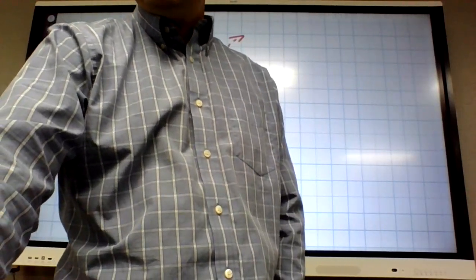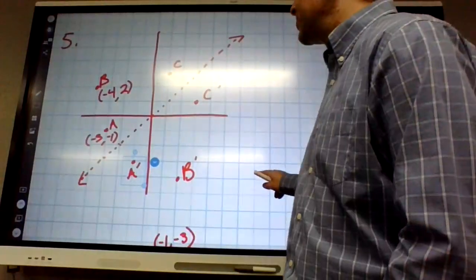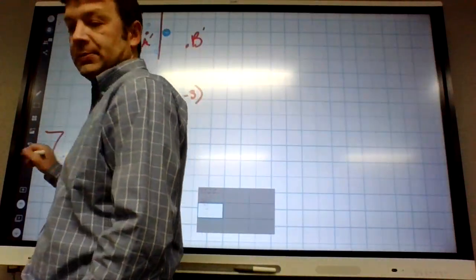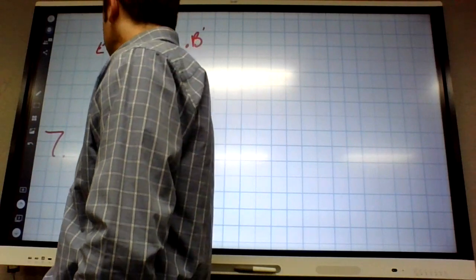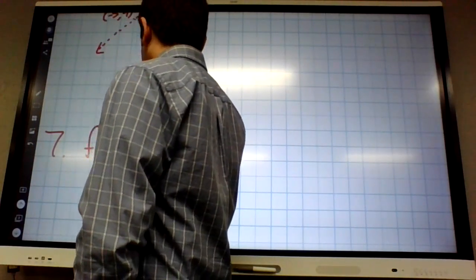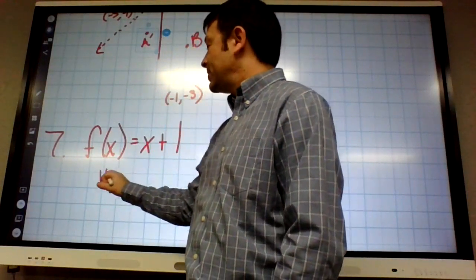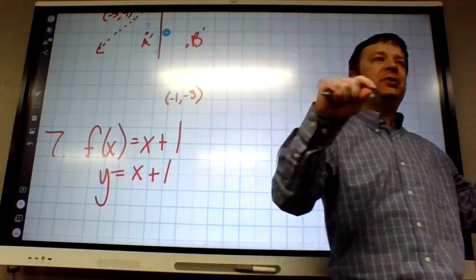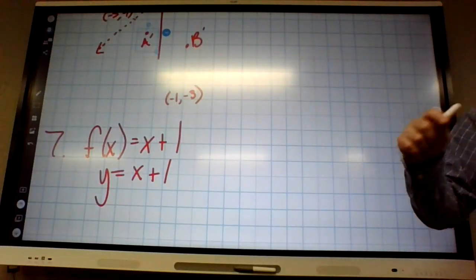Number 7, find the inverse rule. It says f of x equals x plus 1. F of x is like the y. You remember what I said at the beginning? Basically, you just switch the x and the y.